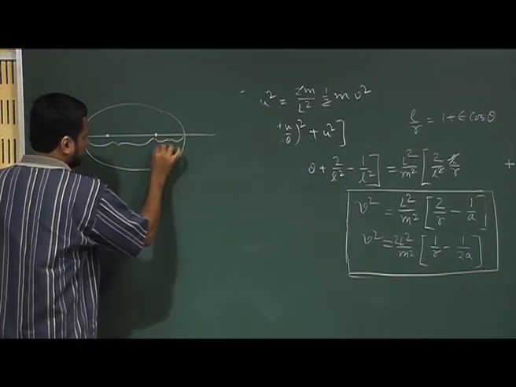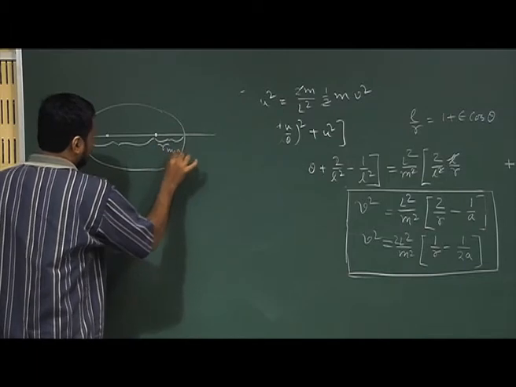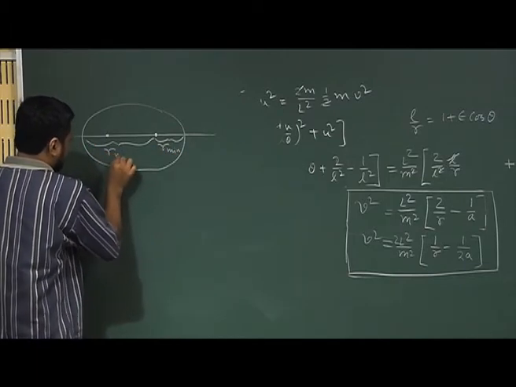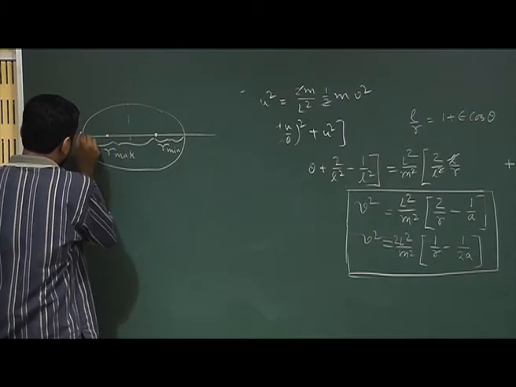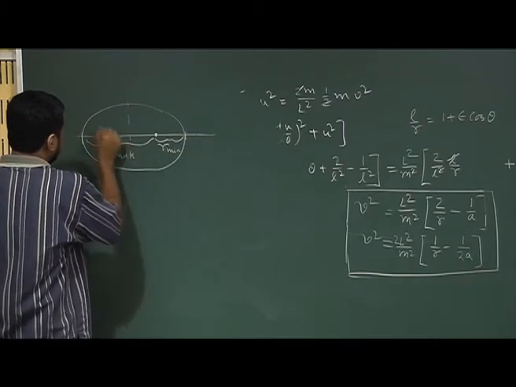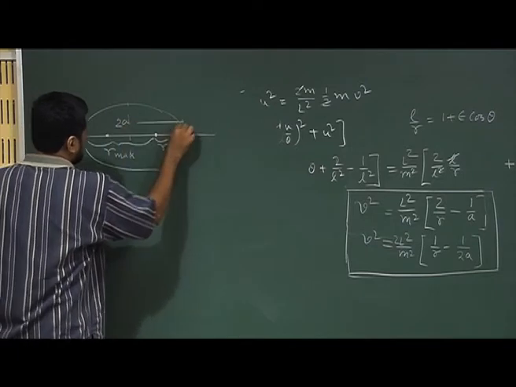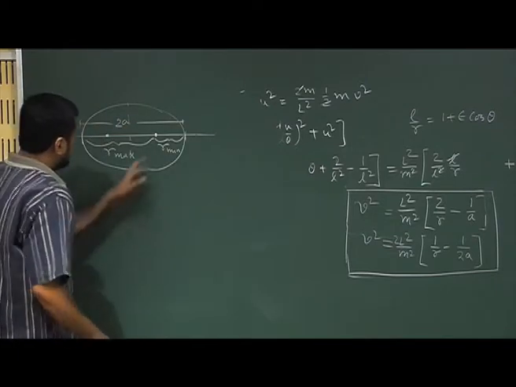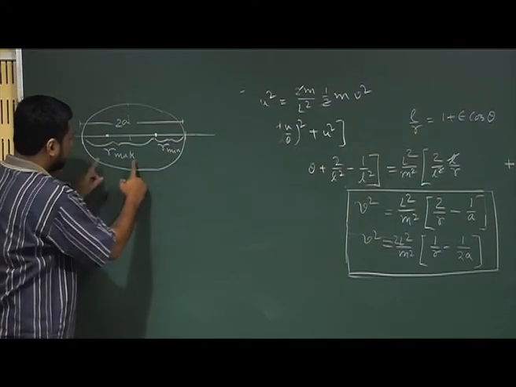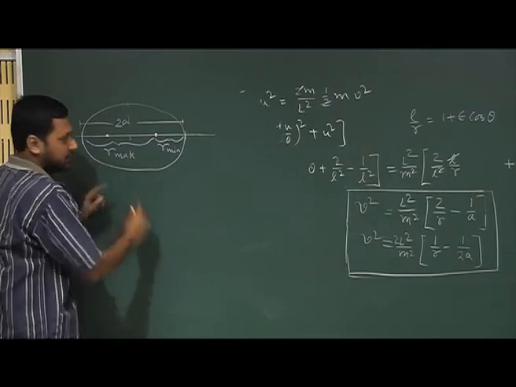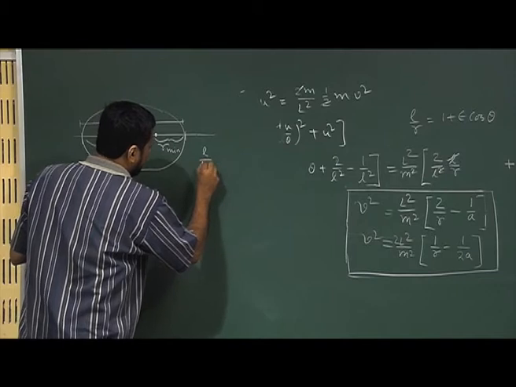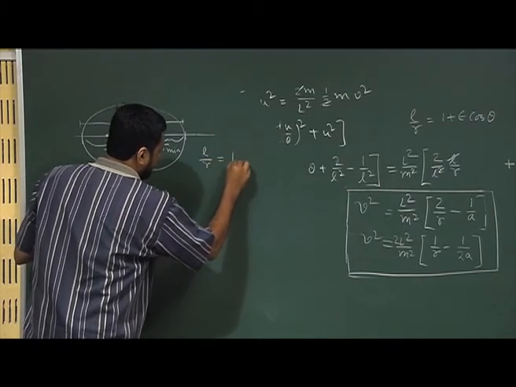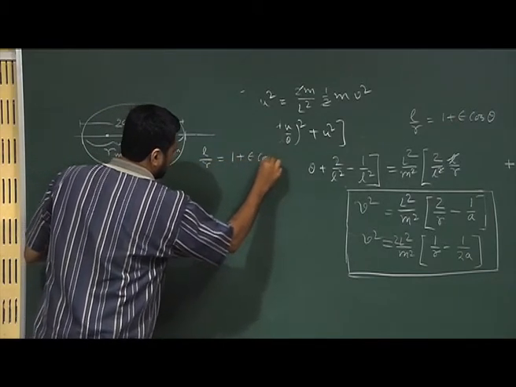This length is r min, this length is r max, and this length from here to here is 2a. So, the maximum of r is r max, which, if you go by the equation, is given by L by r equals 1 plus epsilon cos theta.